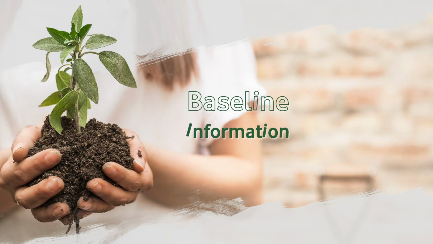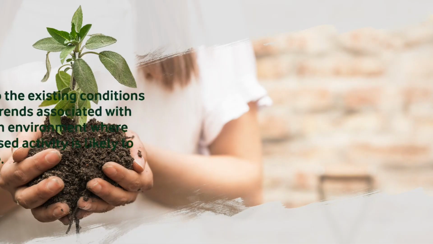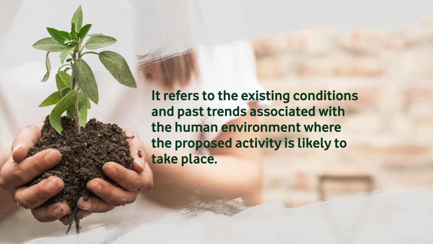So what is baseline information? We have talked enough about social impact assessment and its importance, but what information exactly do we need and how do we get that information in order to effectively carry out social impact assessment? That is the baseline information, which refers to the existing conditions and the past trends associated with the human environment where the proposed activity is likely to take place.